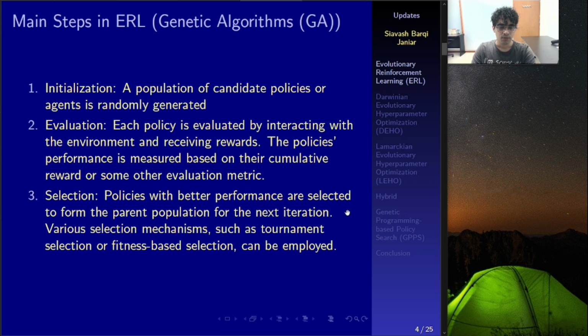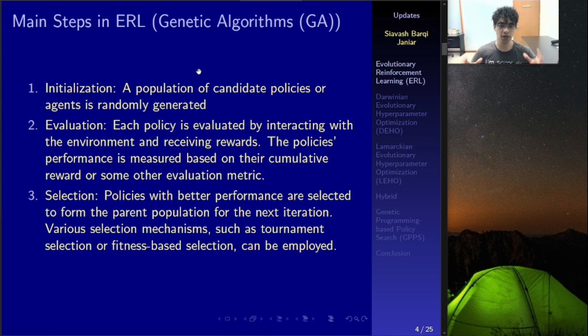So the main steps of almost all evolutionary calculation algorithms are: first, initializing and creating a population of some candidates. Those candidates are the answers.